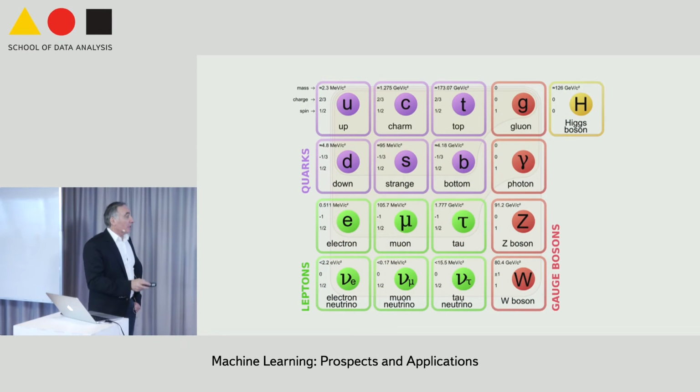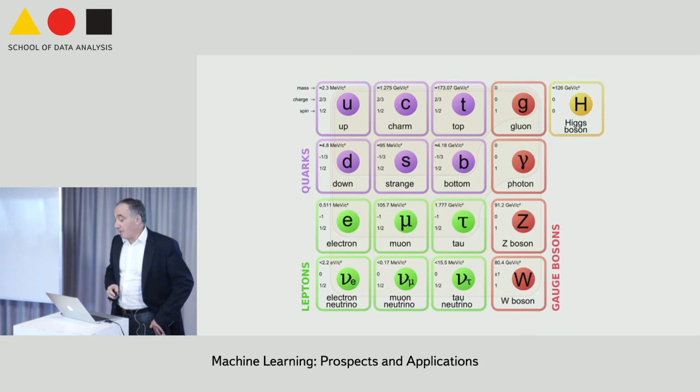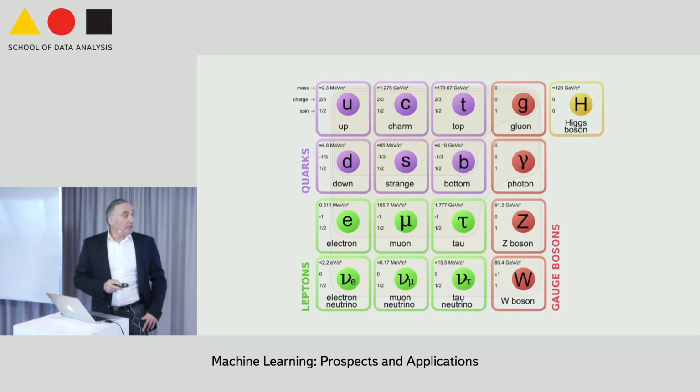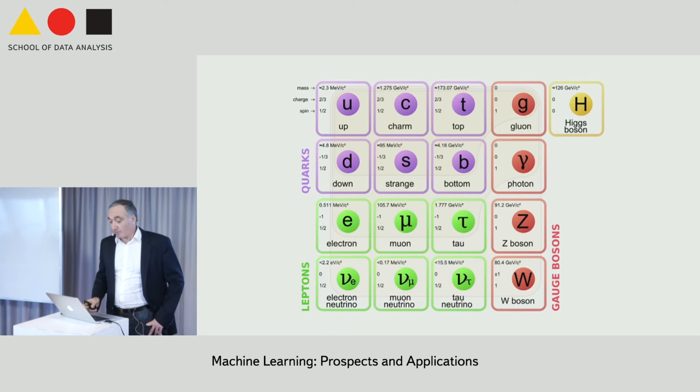This is the table, if you want, of the particles in the standard model of physics, which is the main model for physics. It has been incredibly successful at explaining most of the things we see. However, we know it is wrong because, for instance, it doesn't explain dark matter and dark energy.